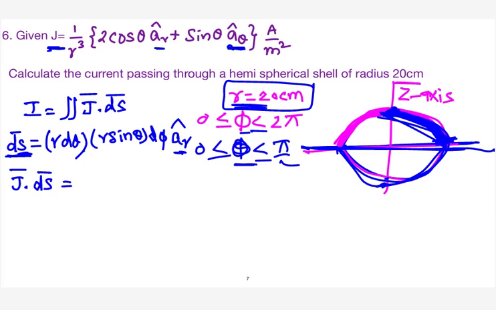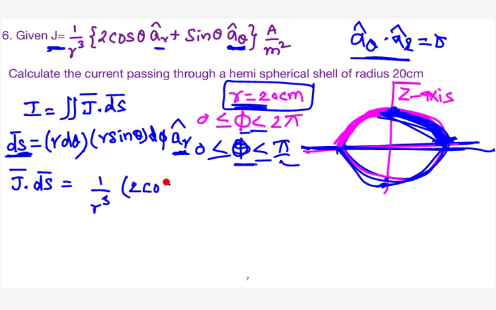When you take a theta dot ar, that will be 0, because both are perpendicular, so cos 90 will be 0. So your J dot dS will become 1 by r cube into 2 cos theta into ar dot ar, which is 1. And this one, if you do it, you will get r square sin theta d theta d phi. That's it.